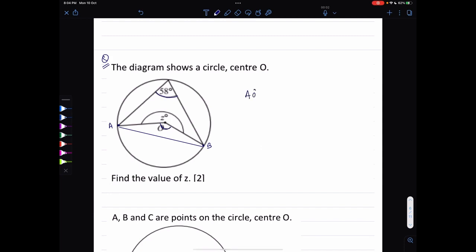So AOB, which is the angle at the center, is going to be twice the angle at the circumference. So 2 times 58, that is 116 degrees. Now, since we want to find angle Z, it is going to be 360 minus 116 degrees, because angle about a point is 360. So that comes out to be 244.